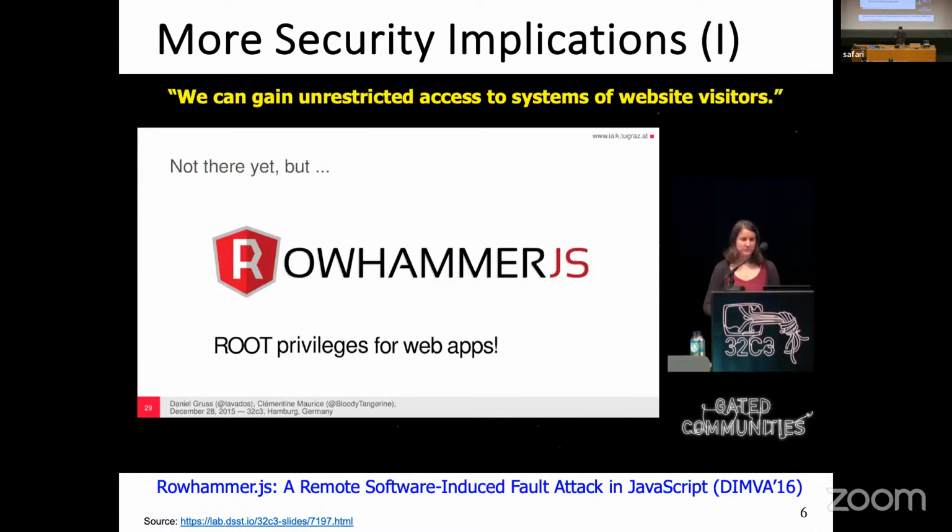Since then, there are many more works in the security domain where people try to leverage RowHammer to do many different kinds of attacks. So for example, you can do it from the browser with JavaScript.